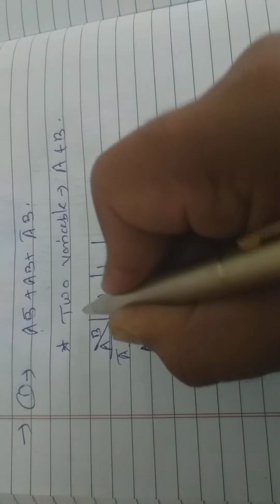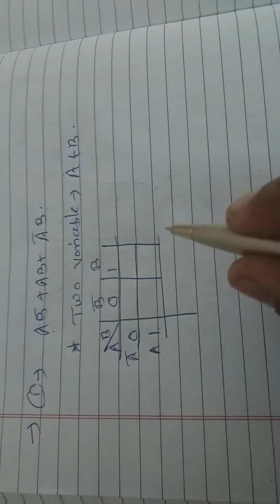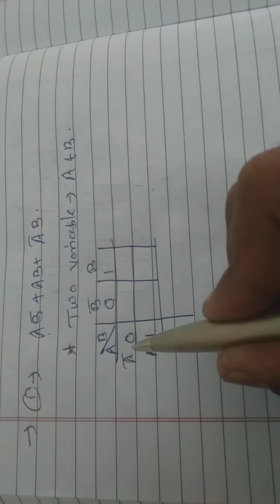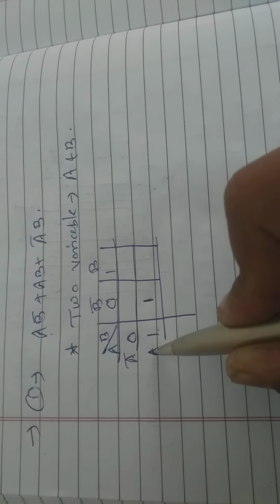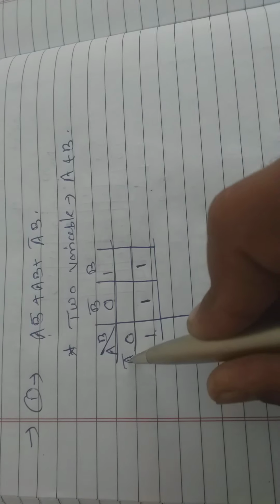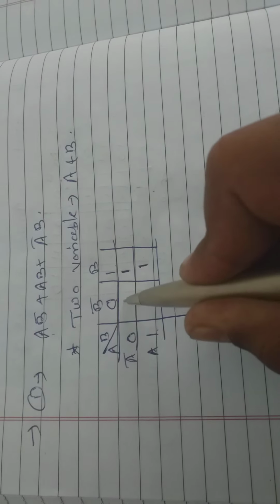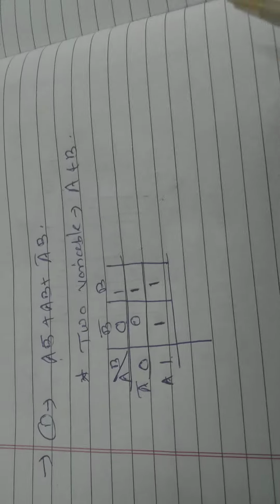So A means here A bar, A, B bar, B. A B bar here is 1, then A bar B here is 1, and the remaining are 0. Let's solve this.